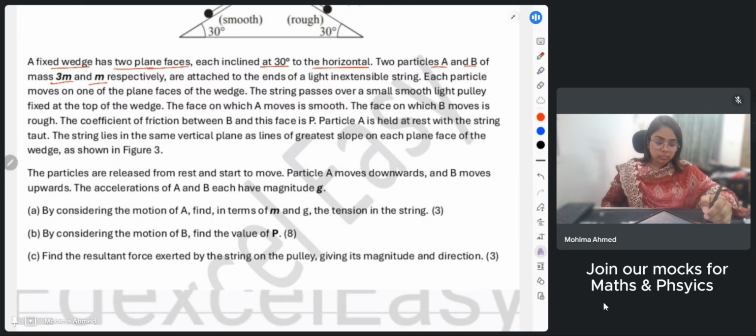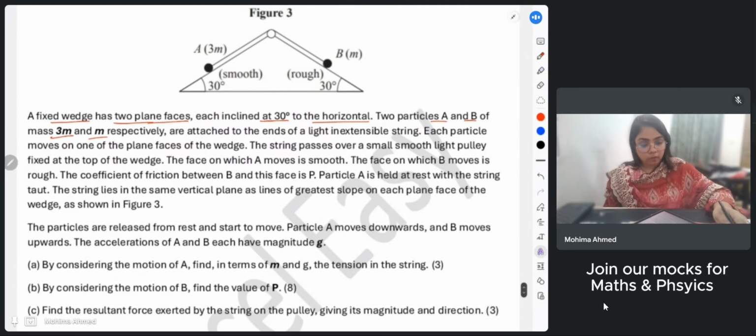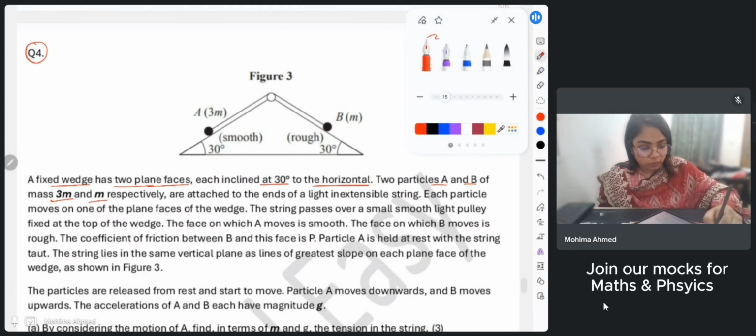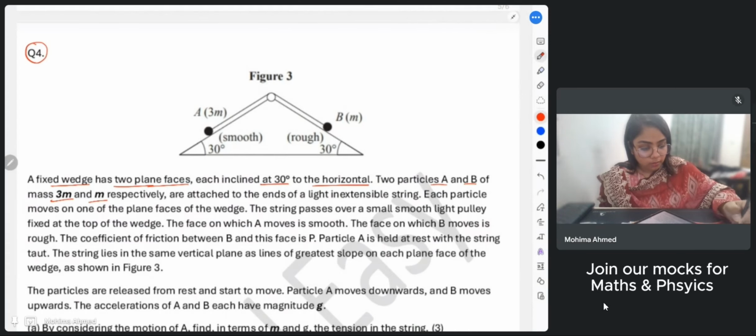Okay. So only for part A, let's just distribute the forces already, and then we will start solving for part A separately, for part B separately. As I've already stated previously, the vertical plane should always be perpendicular to the surface the object is on, right? It should never be perpendicular to the horizontal surface.